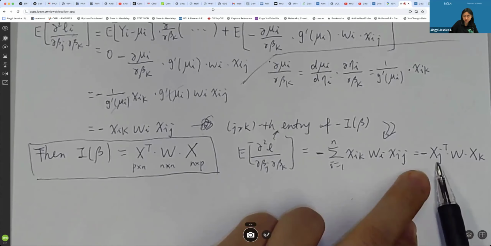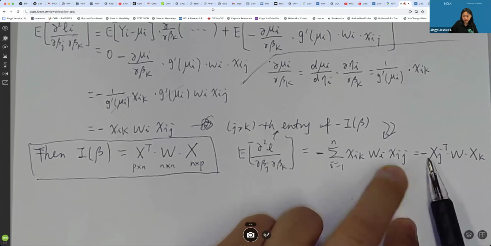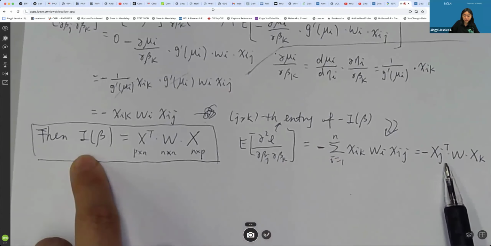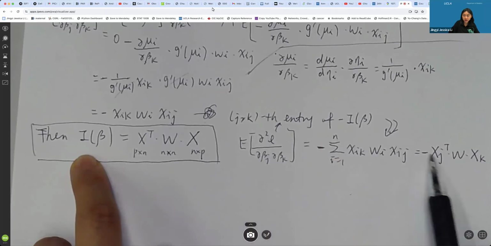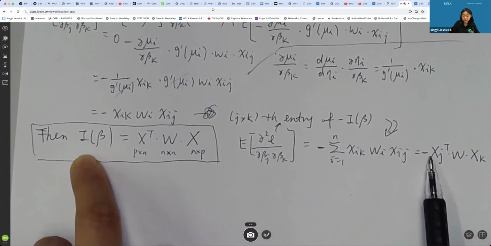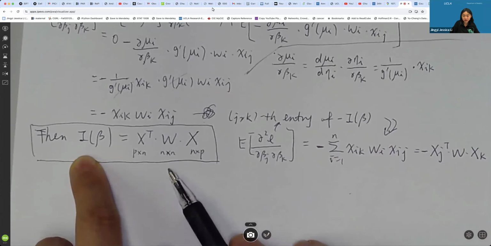So the jth column and kth column of the design matrix, I'm taking their inner product. For each entry, I reweight by w_i. That's their correspondence. Then you see that this is the jkth entry of negative Fisher information. So I have a negative sign here, negative sign here. I can cancel them both. That gave me this.